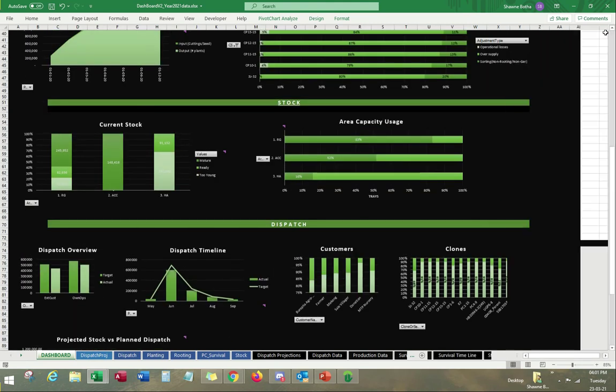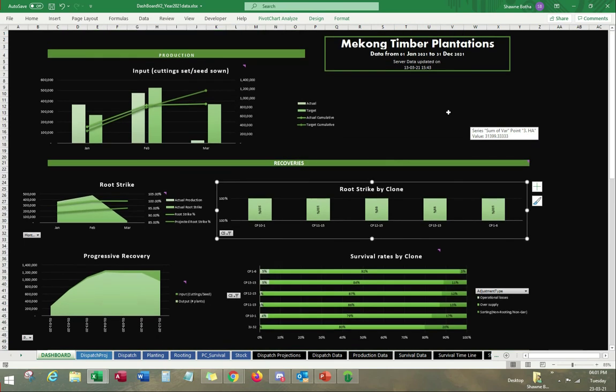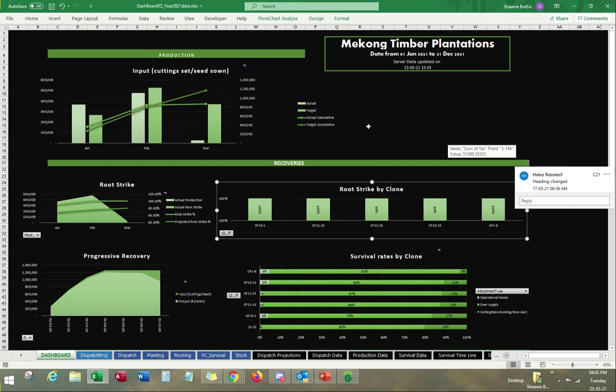Now in Excel, this, to my knowledge, is not really publishable. But you must remember that in software programs like Power BI and even in Google Sheets, it's very, very easy to share the dashboard, and you can literally publish it onto the internet, and people with access can go and have a look, as well as being able to interact.